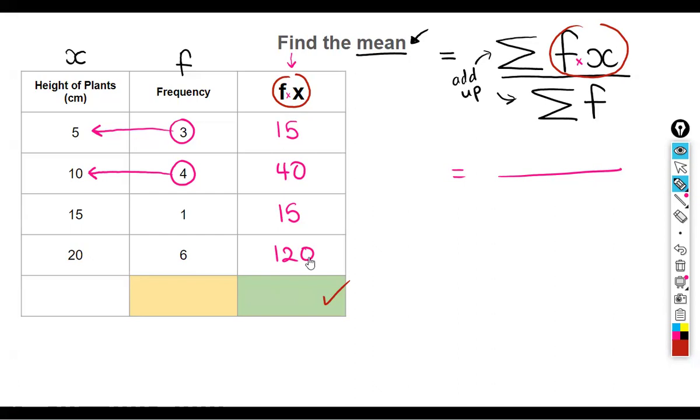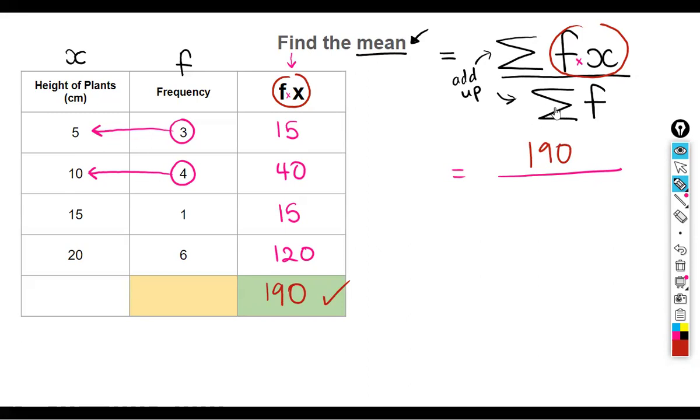I'm getting 190. Anybody can agree with that? Sigma fx, when you add up everybody here, I get 190. So guess what? That goes on top. 190. Because the formula says we have to add up everybody in the fx column, put that on top.